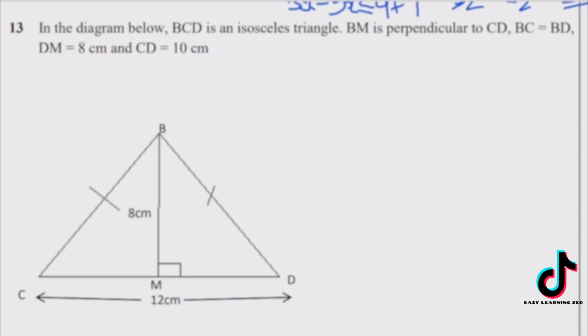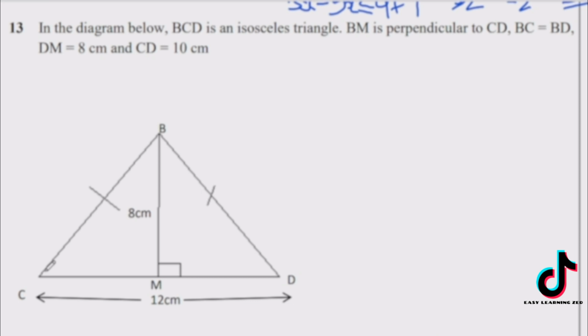Okay, so question 13 is as follows. In the diagram below, BCD is an isosceles triangle. BM is perpendicular to CD. So we are saying BCD is an isosceles triangle, and BM is perpendicular to CD.